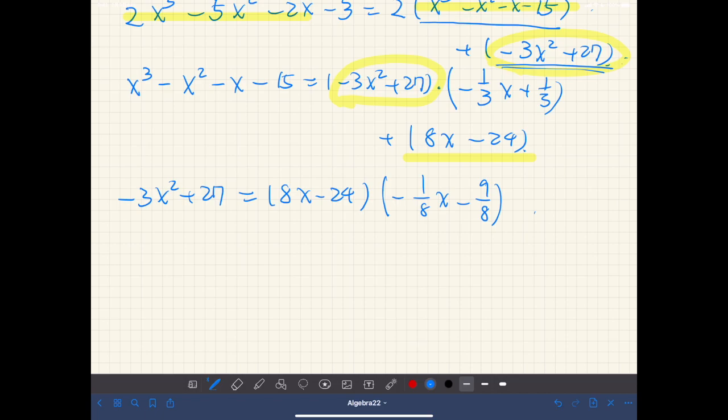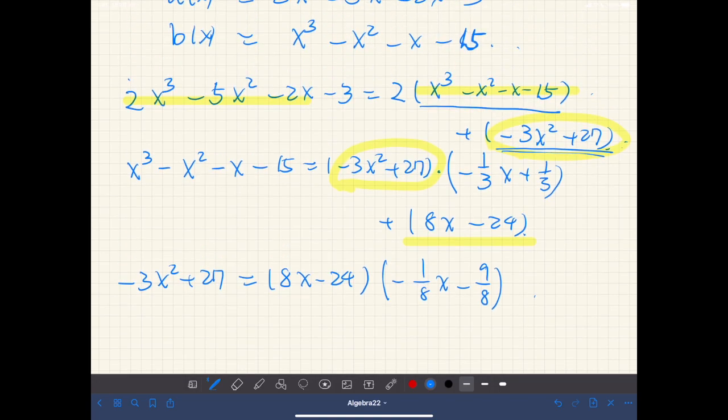So at this point, by using the analogy between polynomials and integers, we guess that this polynomial should be the greatest common divisor.